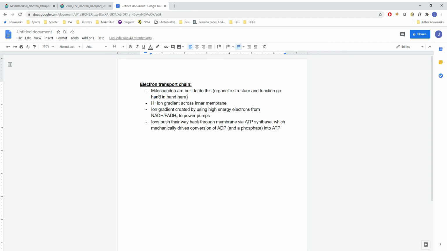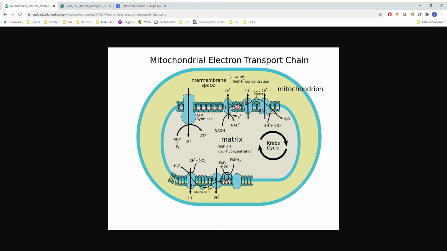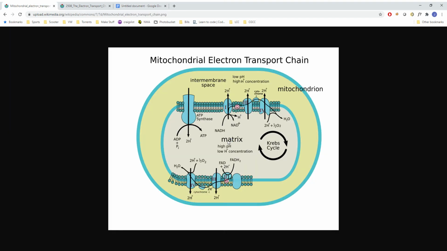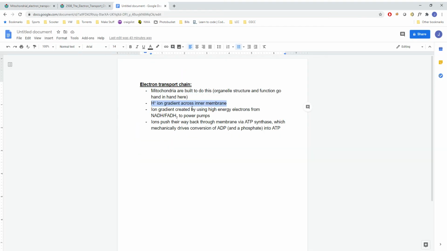So you should understand that, one, mitochondria, they're built to do this. This structure is designed to generate ATP. That is what they do. And they have these two membranes to do it. They're both necessary. That allows us to create an area where we have a bunch of H pluses, an area where we don't. So we get a gradient. And then we create that gradient by burning through NADH and FADH2.